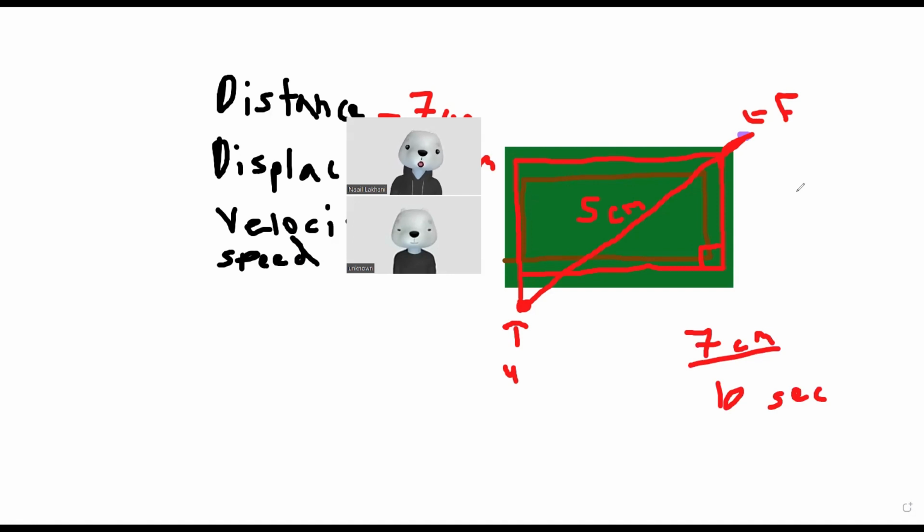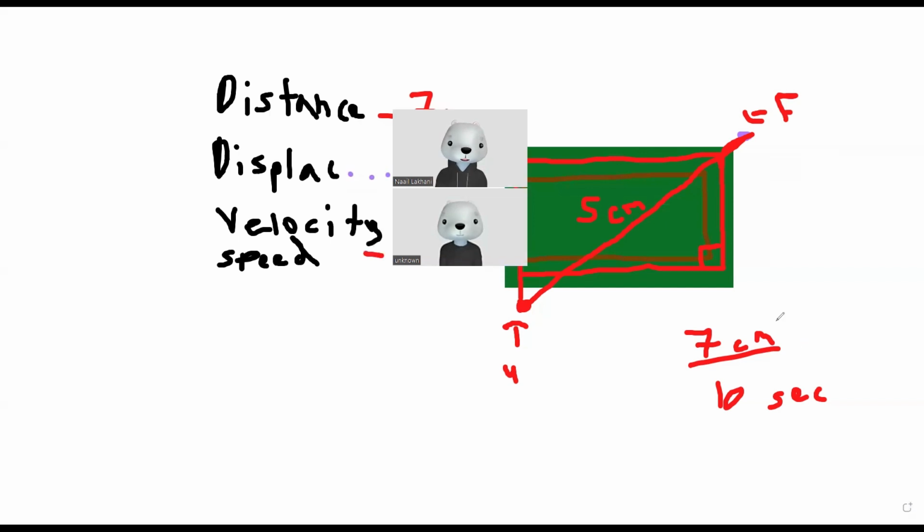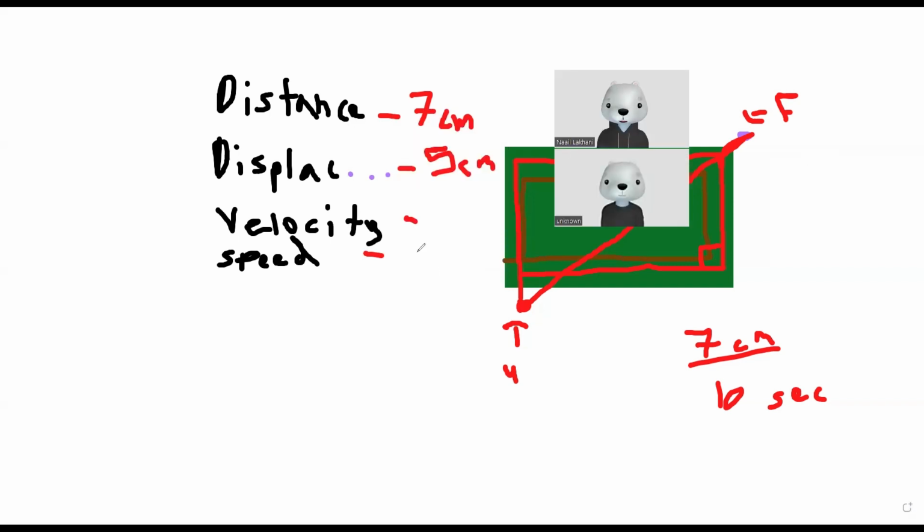Rates always involve time and are always a fraction because you divide by time. So in simple words, speed is distance over time.